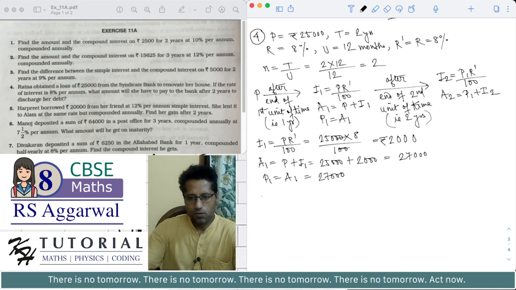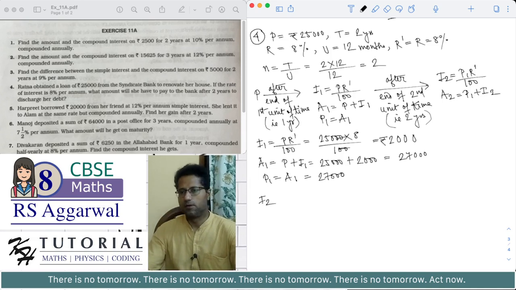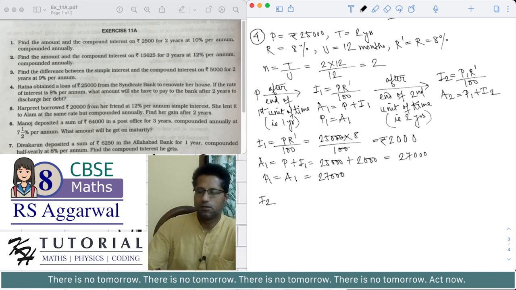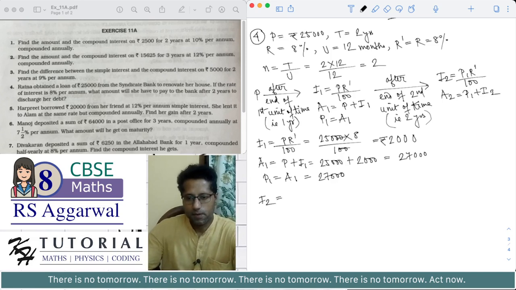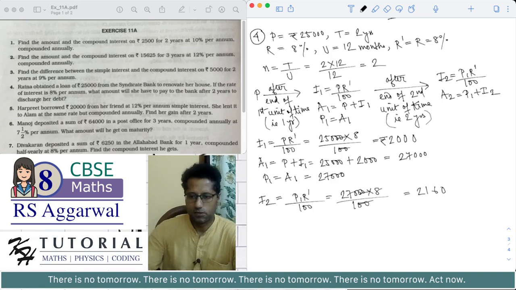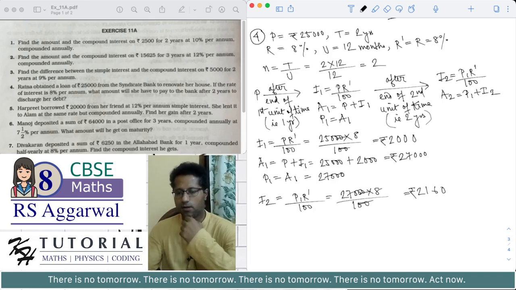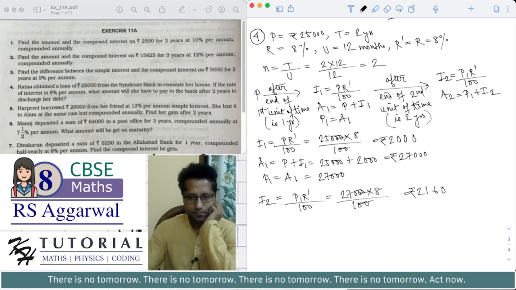Okay. So again, at the end of the second unit of time, which is the last unit of time, I2 will be P1 R dash by 100. This is equal to P1 is 27,000 multiplied by 8 divided by 100. This is equal to 2160 rupees, the interest at the end of the last unit of time, or the end of 2 years.